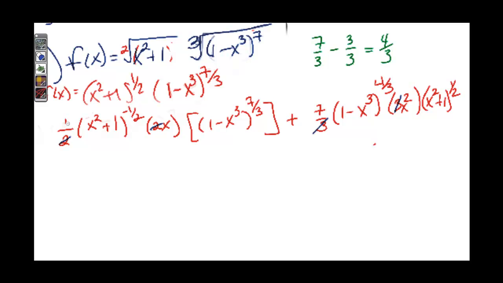So here we're going to have a negative exponent that we don't like. This one's an improper one that we don't like, but the lowest common one for the positive exponents would be 1 minus x cubed to the 4/3, and then we're going to also factor out an x squared plus 1 to the negative 1/2 because we don't like that negative exponent.